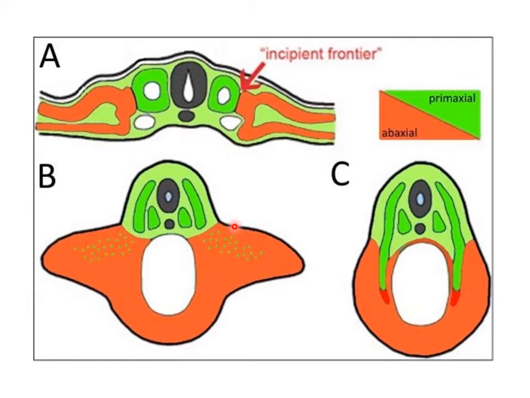In B, this is a further development. Some of the cells from the somites cross the frontier and enter the region of the abaxial.